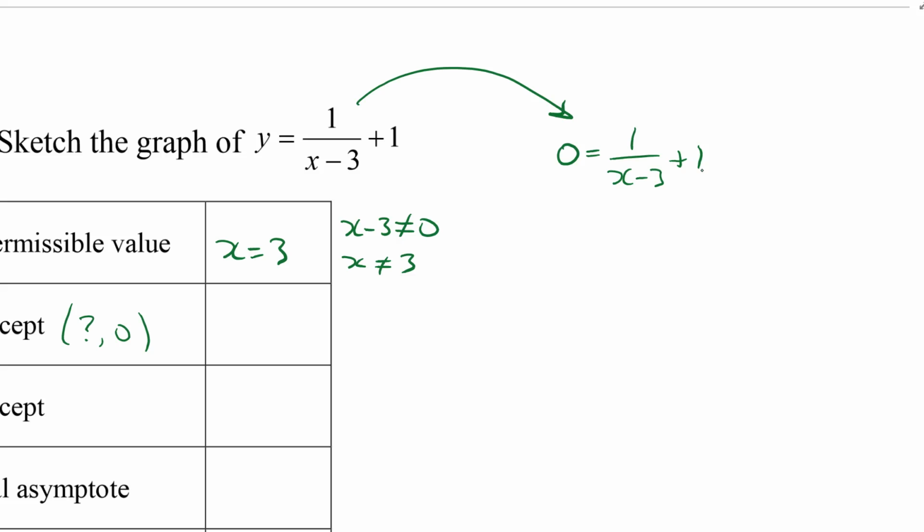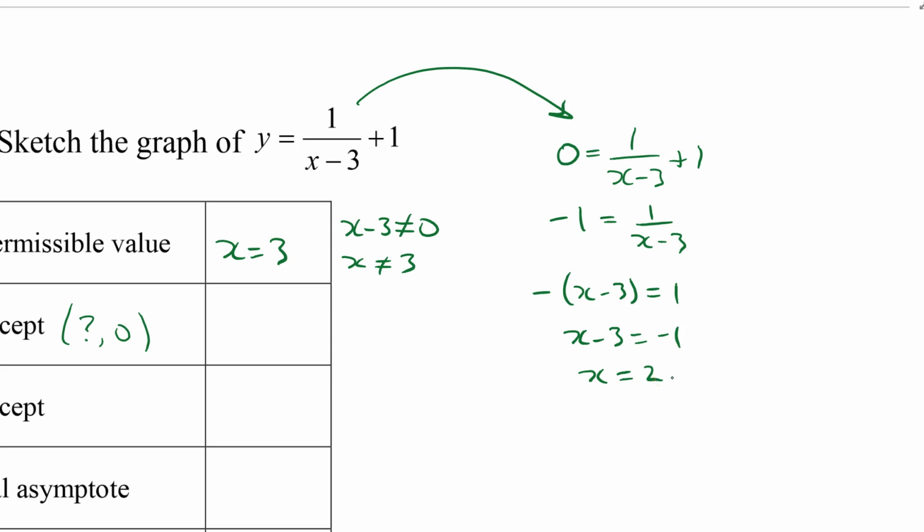Now we want to solve for this, so we'll subtract 1 from each side, and get -1 is equal to 1 over x minus 3. Now if I multiply both sides by x minus 3, I'll get -(x minus 3) is equal to 1. I get x minus 3 is equal to -1. Now if I add 3 to both sides, I'll get x is equal to 2.